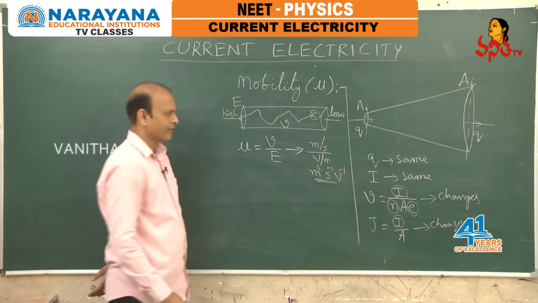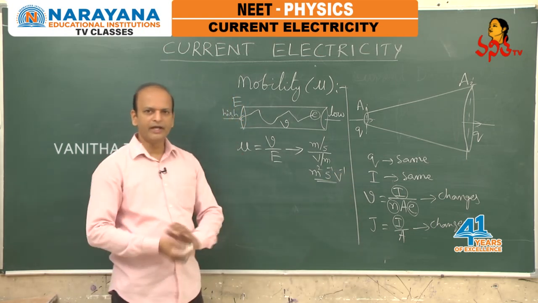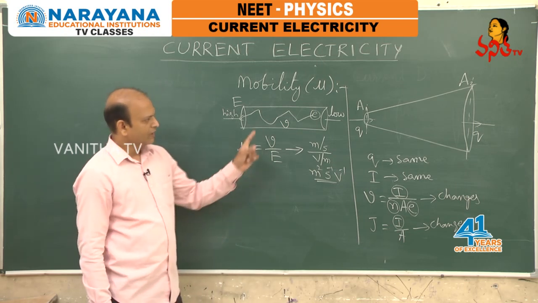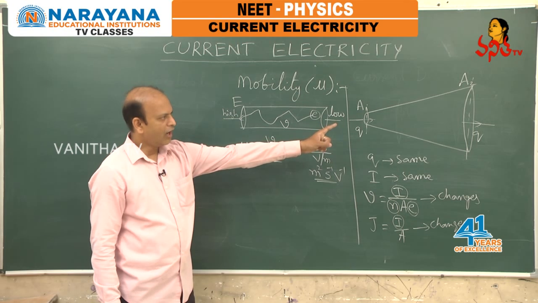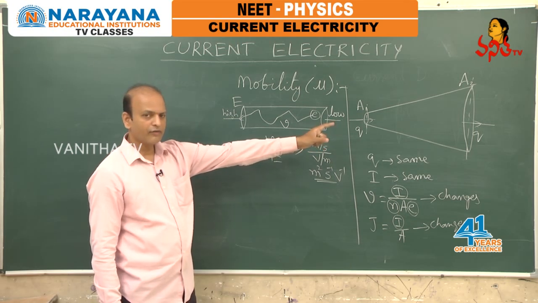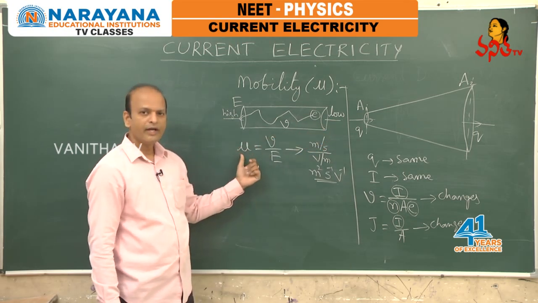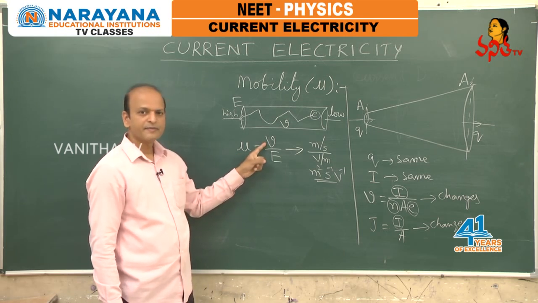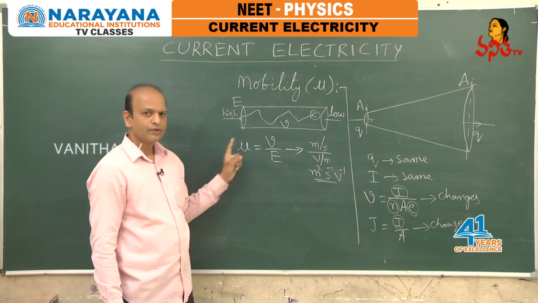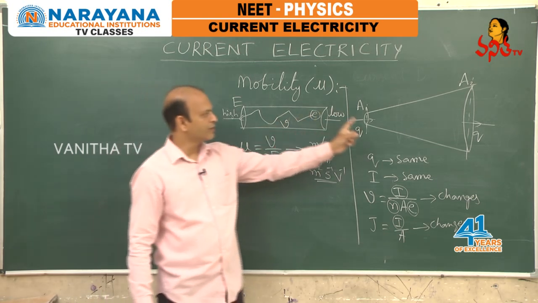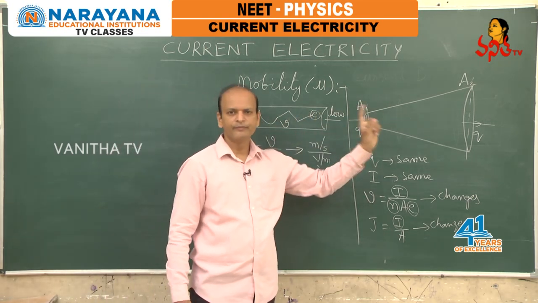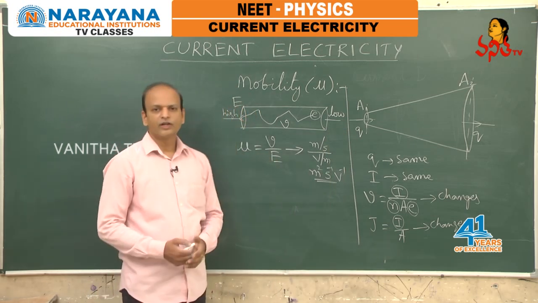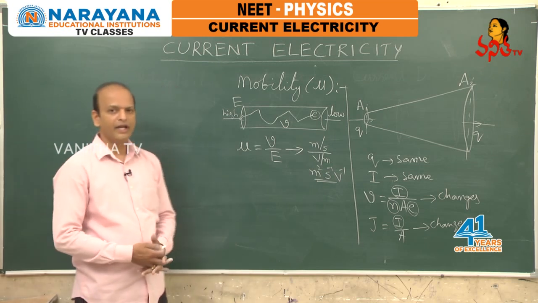And in the case of a non-uniform conductor, if this mobility is observed, as the drift speed is different, the mobility is possible to change from one end to the other end. Okay. So that is the term we call mobility.